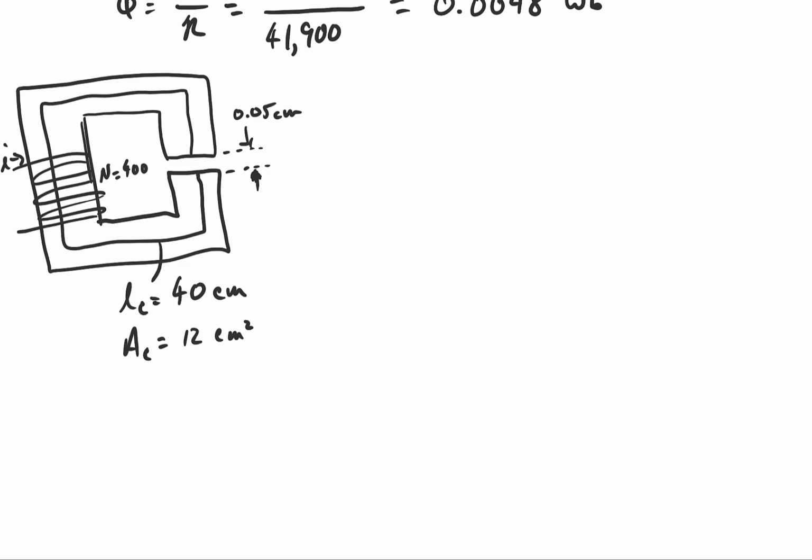Now, we're also going to say that we have a fringing effect here. So fringing in the air gap is going to increase the effective cross-sectional area by 5%.